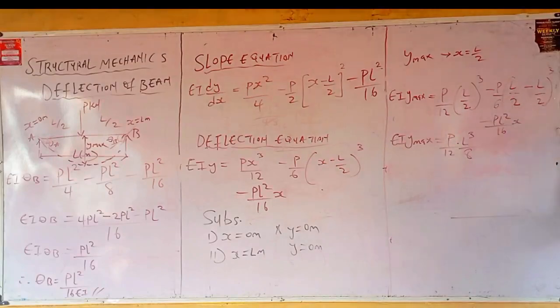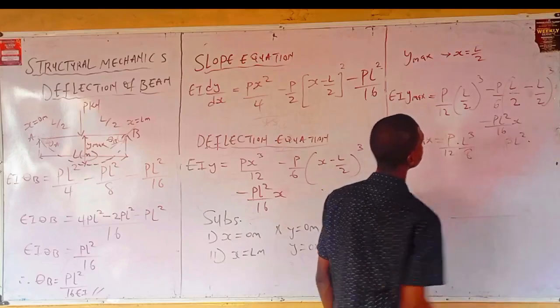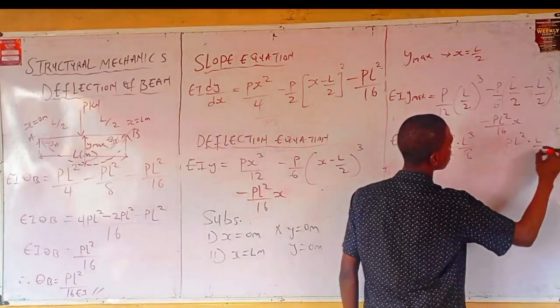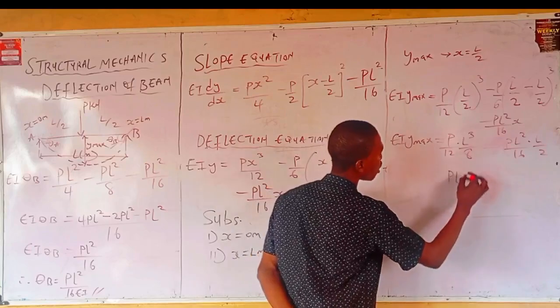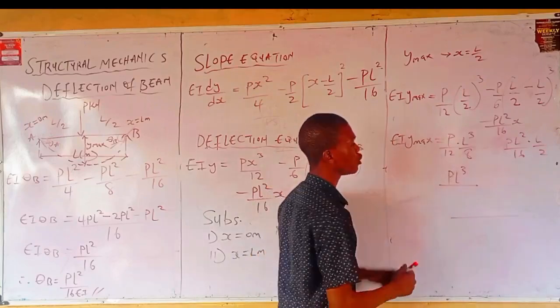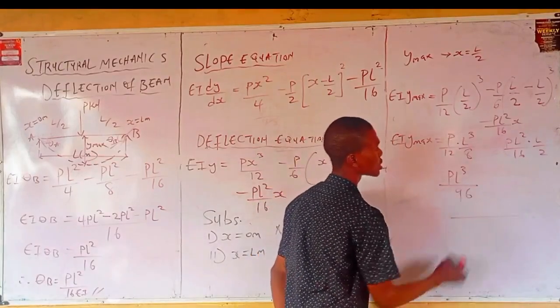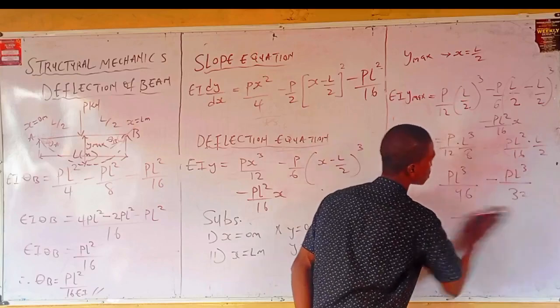Because this minus this is 0. 0 times this, 0. So you are left with negative PL square dot, what's the value of your x? L over 2. Now multiply. You then have that PL cube divided by the product of 12 and 8, and that's what? 96. Minus PL cube divided by 32.